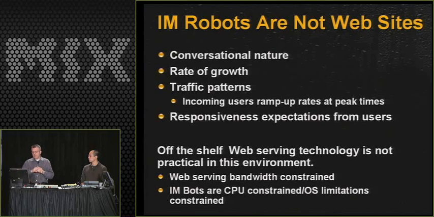To a certain extent, it's not completely true, but web serving is very bandwidth constrained. IM bots obviously have very little constraint in terms of bandwidth because they transfer very little information. On the other hand, there is the constraint in terms of how much CPU you need for the natural language part, and the limitations because you have to keep all these persistent connections permanently open to all the users, needing very different architectures to deploy at scale.